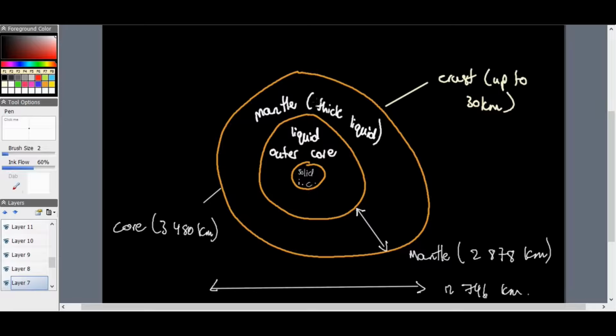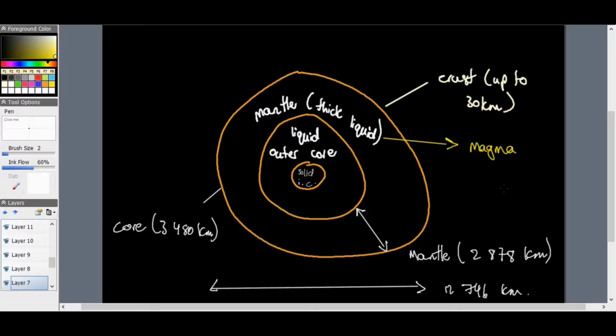And there's a name that is given to this hot liquid. I'm not sure if we can all guess what name it is, but it is called magma. That's what gets released from volcanoes, molten rock. The mantle is cooler and thicker on its outside edge, but warmer and thinner near the outer core.